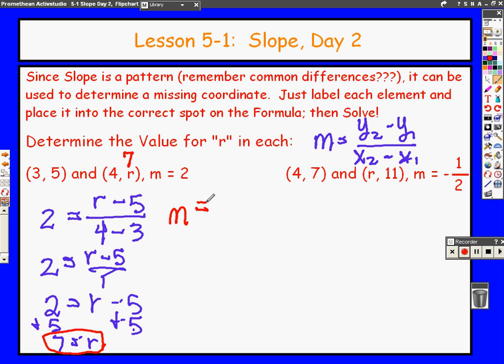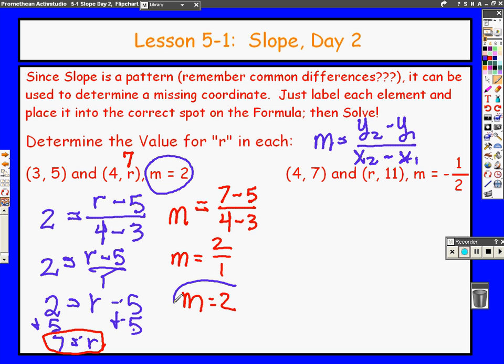So y2 is 7 minus y1 over x2 minus x1, and I end up with m equals 7 minus 5 is 2, 4 minus 3 is 1, so my slope is 2, and that's exactly what I started out with, and that tells me that my answer of 7 equals r is correct.